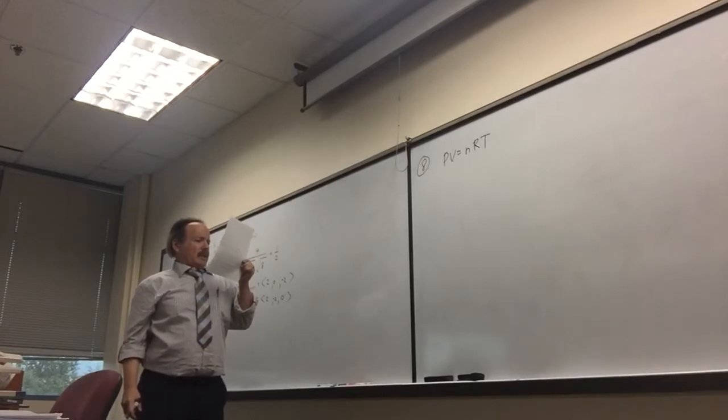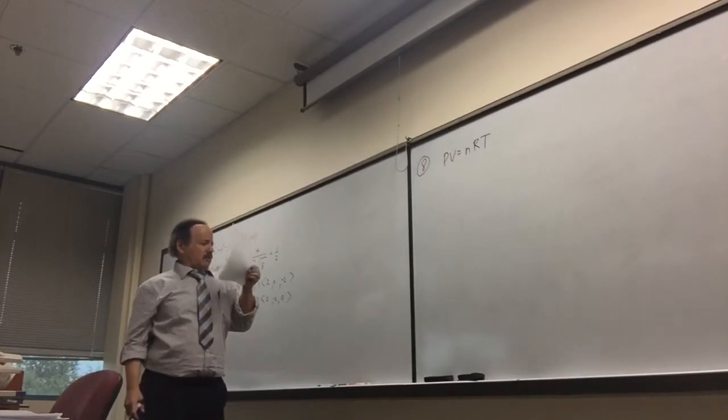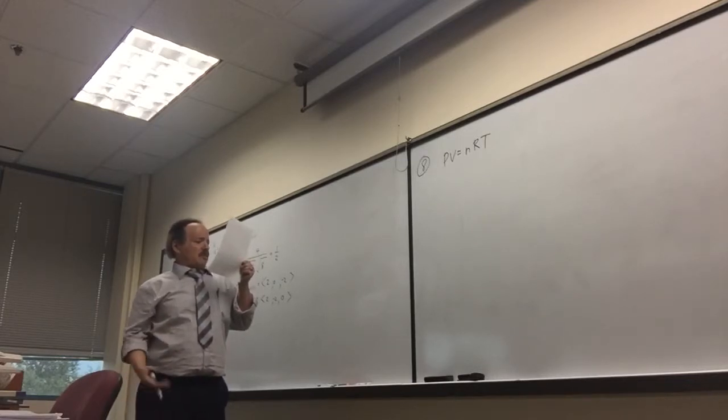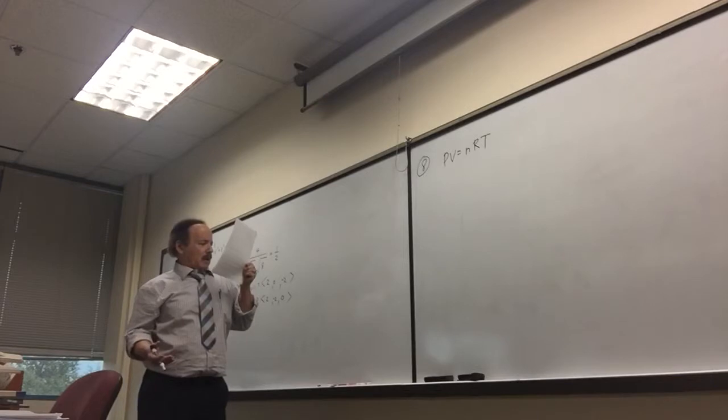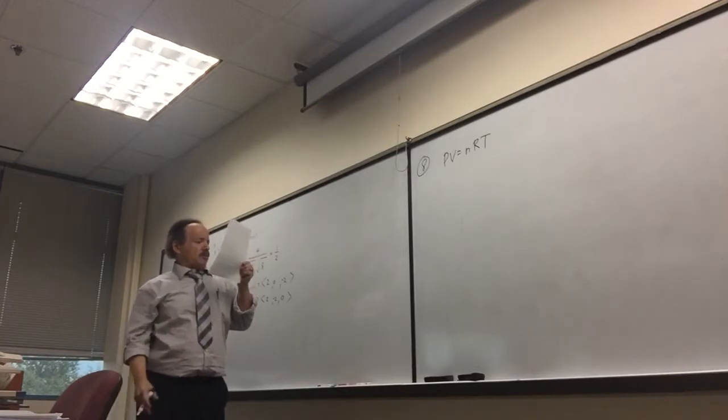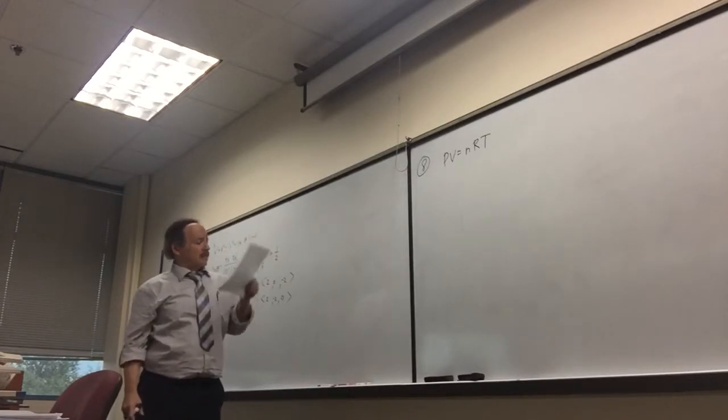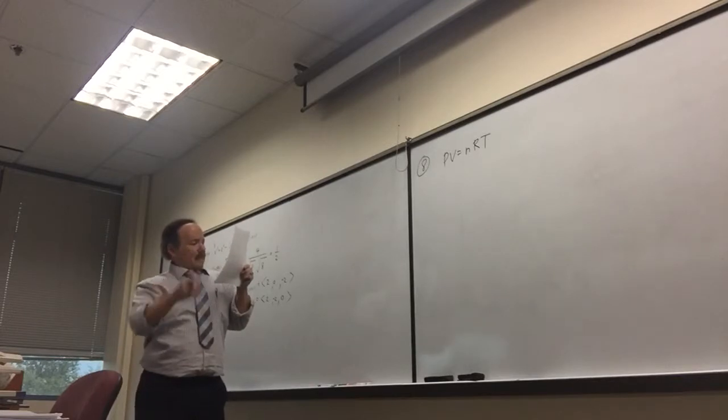So it says, at a certain instant, the pressure is, the volume is, and the temperature is. And then it says the gas is being compressed, so the volume decreases by, and the pressure rises by, and then it wants how much the temperature is changing at that instant. So it gives you all of that information.